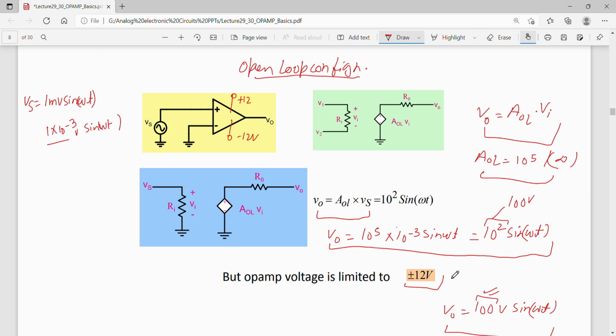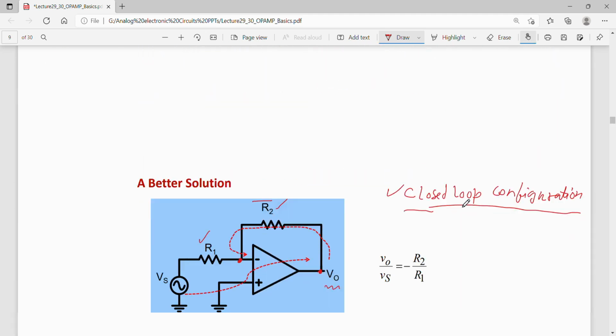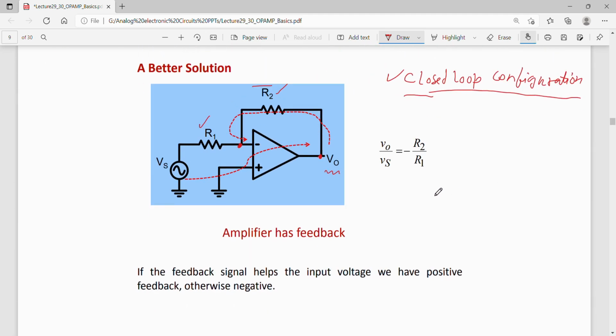So to amplify this signal, I have to utilize the op-amp in a closed loop configuration. In fact, the op-amp is never used in open loop configuration.